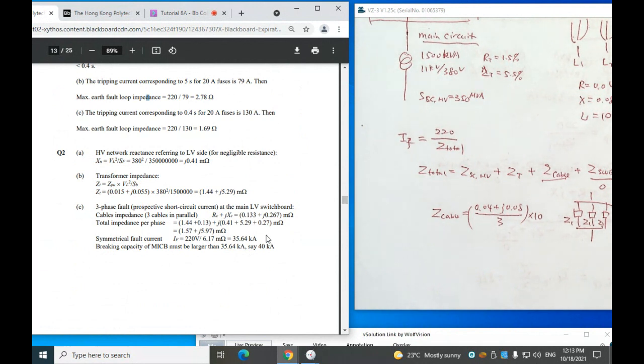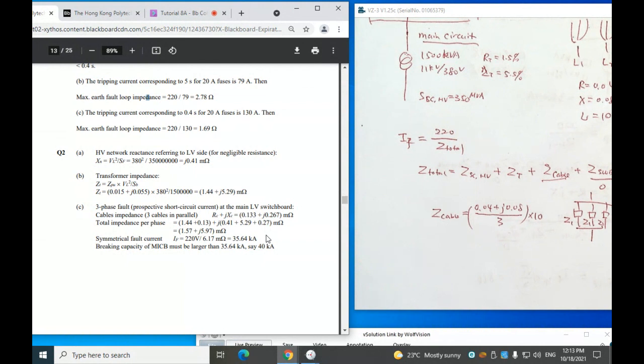Look at this one: this is the total impedance for the cable, divided by 3, and then you add the resistances together and the reactances together.